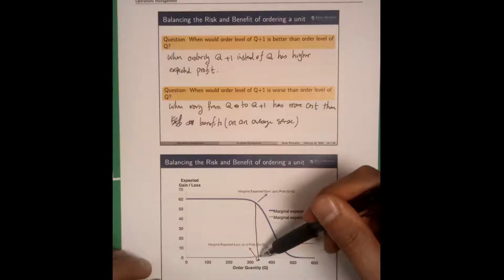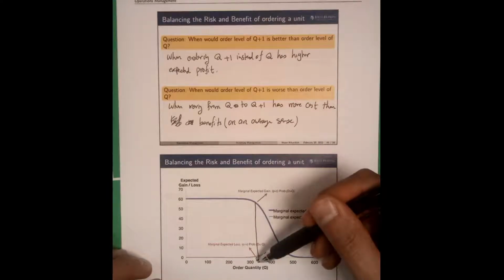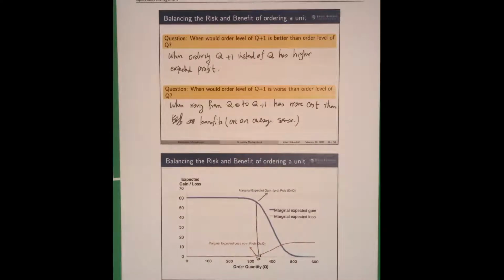How much gain am I going to have? It's that height right there. How much loss am I going to have? It's this much, the height of that red line. As long as my marginal gain is more than my marginal loss, I'm fine.